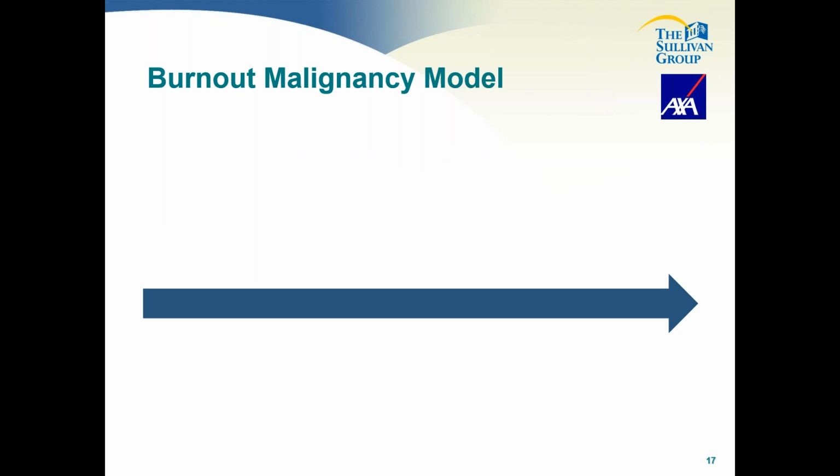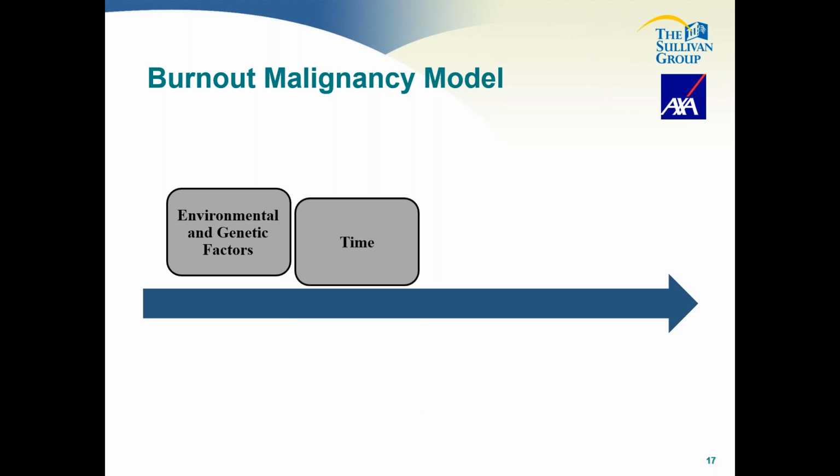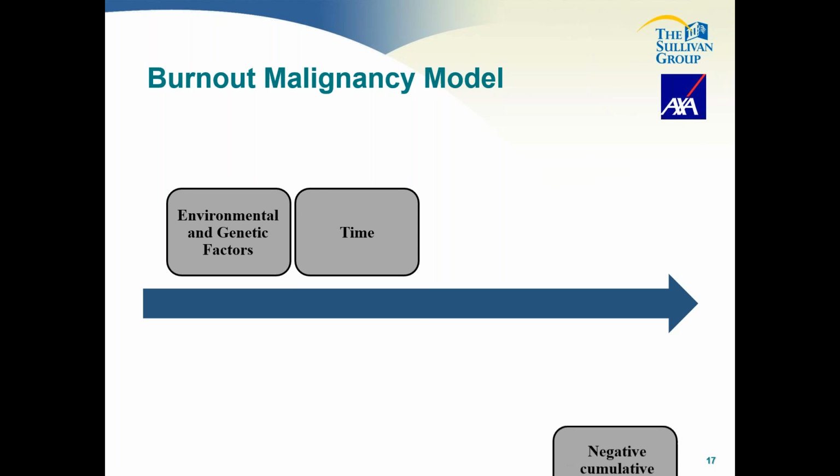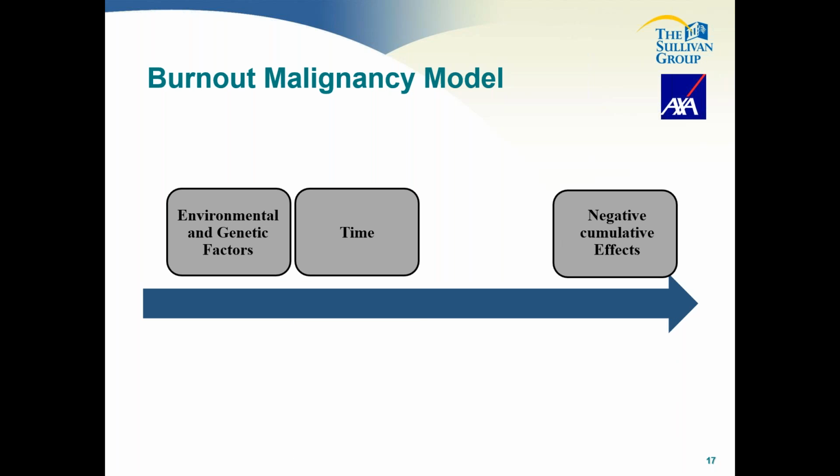In our book, we talked about burnout and we likened it to a malignancy. Why? Well, what does a cancer need to grow? First, it depends on environmental and genetic factors. So does burnout. Environmental factors, things outside our control, versus genetic factors, who we are. Then it needs time. It is a cumulative effect, a negative cumulative effect. We start from medical school, half of medical students are burnt out.